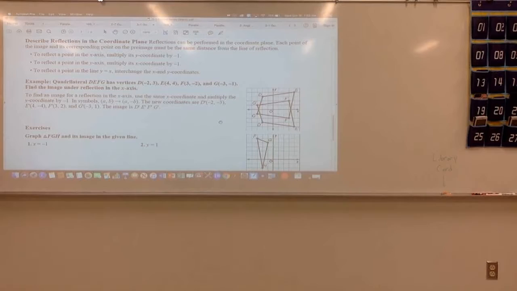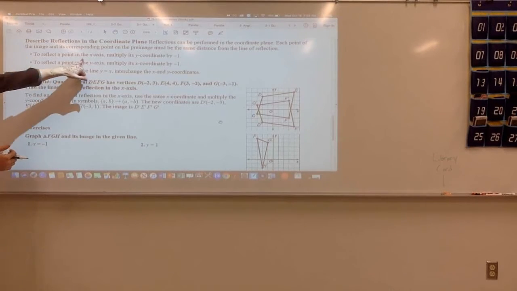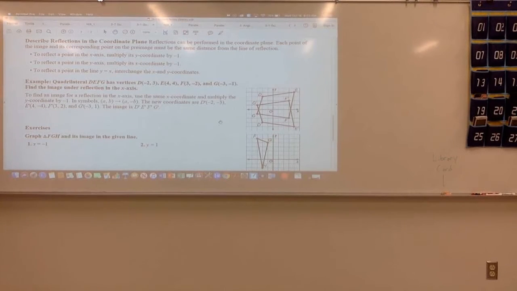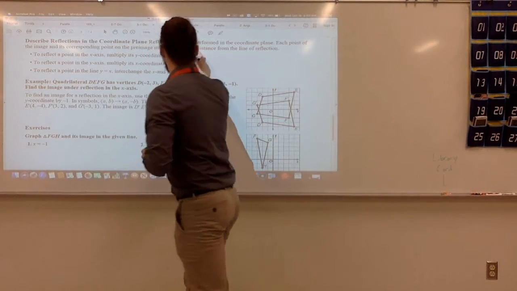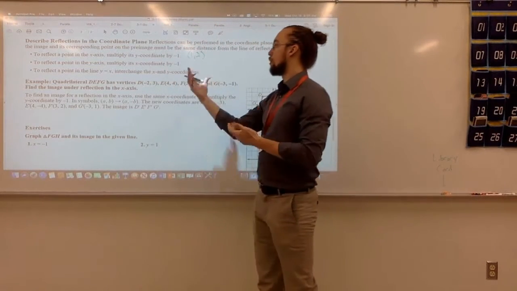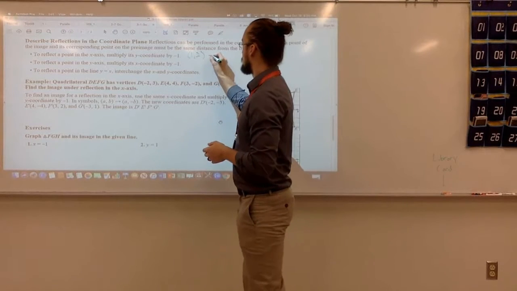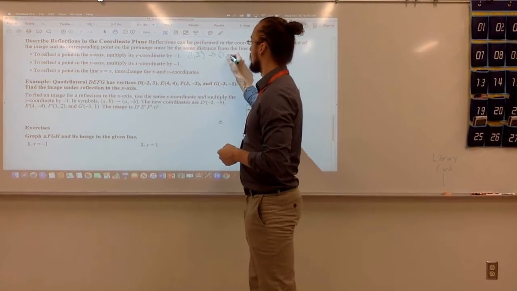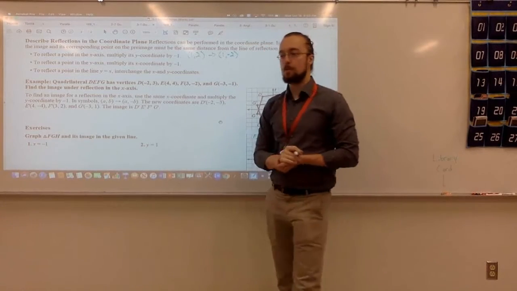If we're reflecting across the x-axis, we would just take the opposite of the y-coordinate. For example, if I have the point (1, 2) and I reflect it across the x-axis, I take the opposite of the y-coordinate and leave the x-coordinate alone, so it goes to (1, -2).